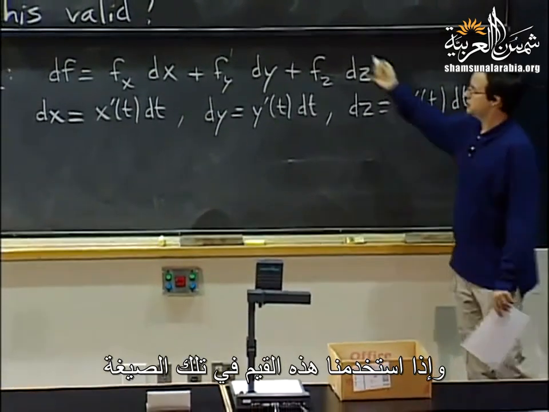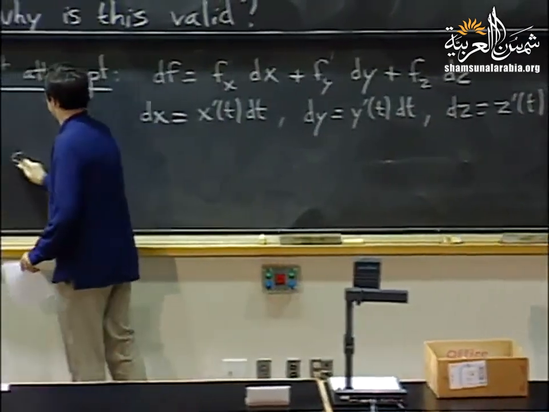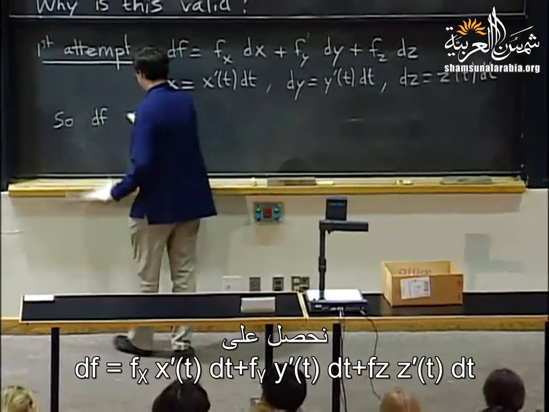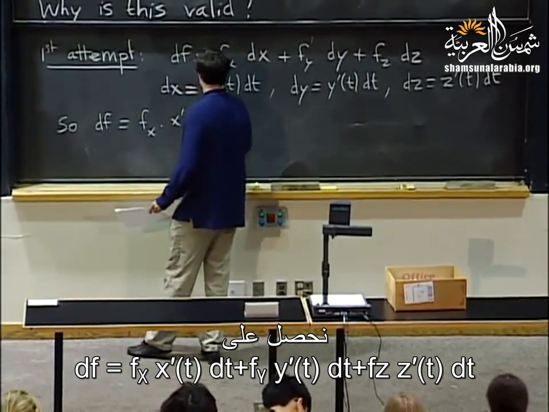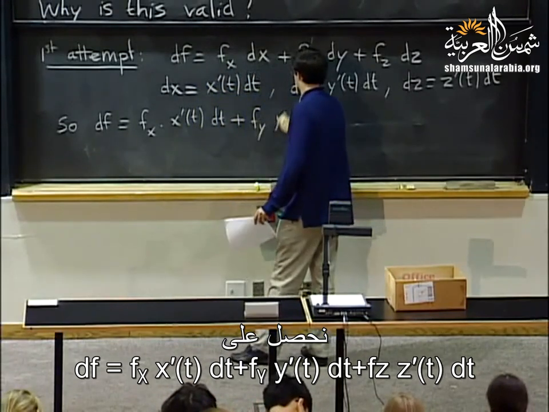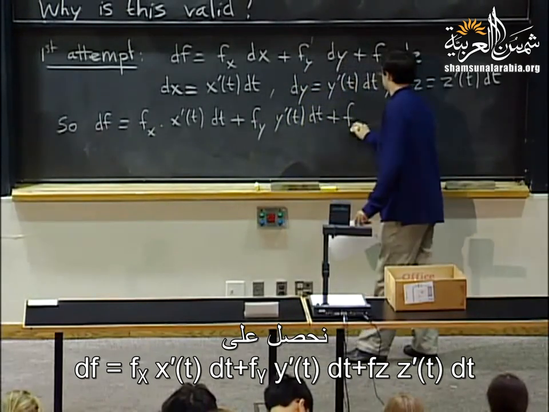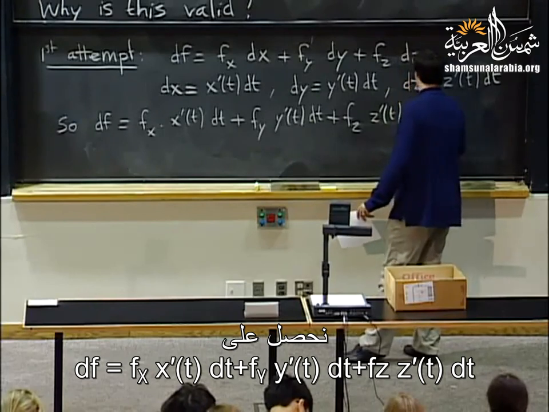So if we plug these into that formula, we'll get that df is f sub x times x prime of t dt plus f sub y y prime of t dt plus f sub z z prime of t dt.